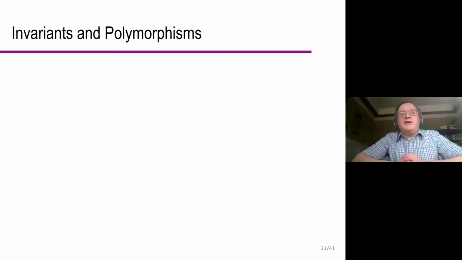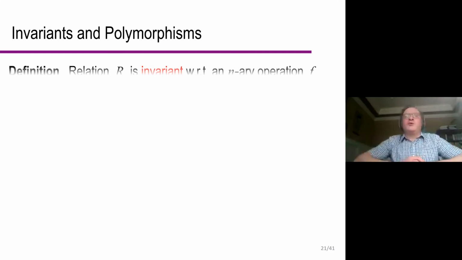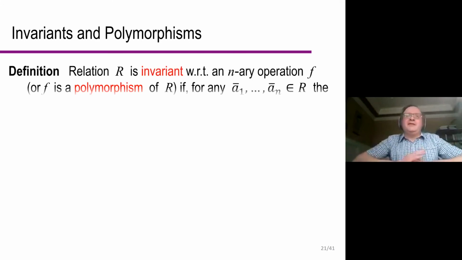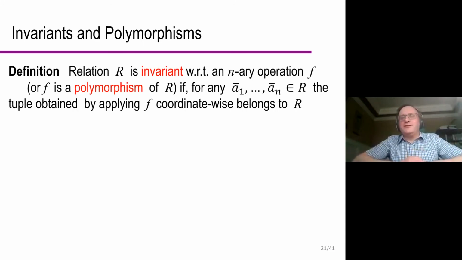Well, invariants and polymorphisms, again, I will give definitions and a couple of examples, but the main idea for us would be that these things are useful for CSP, and we can express various things using polymorphisms in this case. Okay, so the formal definition. I say that a relation is invariant under, say, an operation F on the same set.